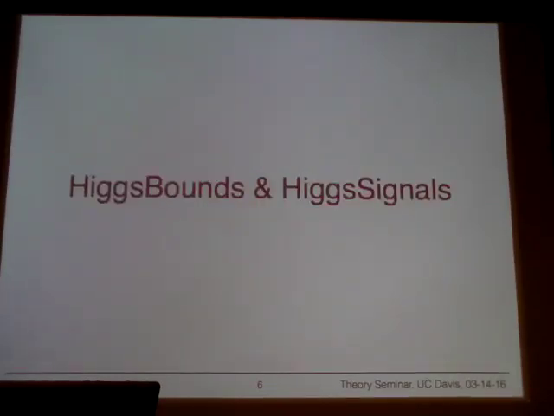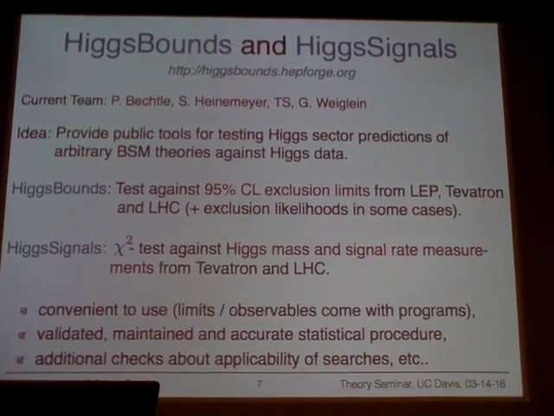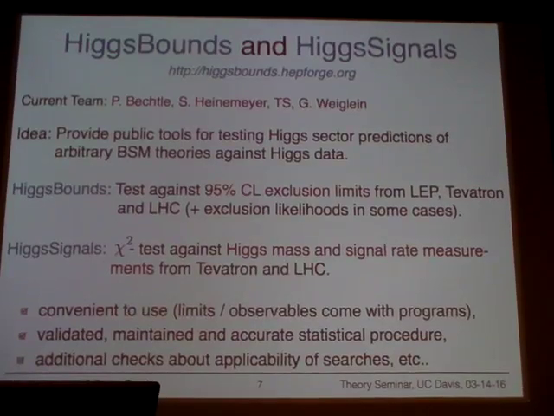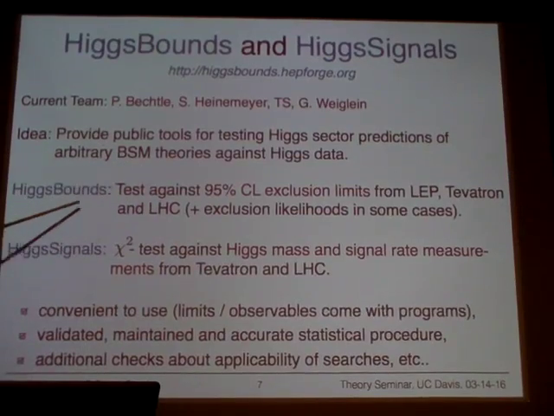All right. So the first part, these codes. The main idea is really to provide a public tool for the theory community so that they can test their favorite model against the Higgs data. And so the first code here, HiggsBounds, has been on the market for quite a while.